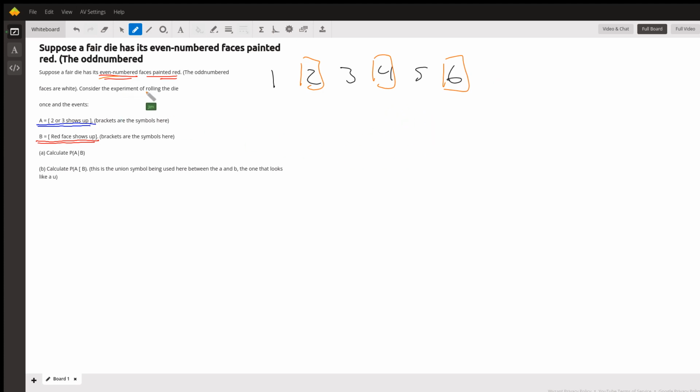And so, again, we look at, for event A, a 2 or a 3 showing up. Okay, so that's event A. And for event B, we see a red face or an even number come up. So this is event B. And so the student has asked about two different probabilities.